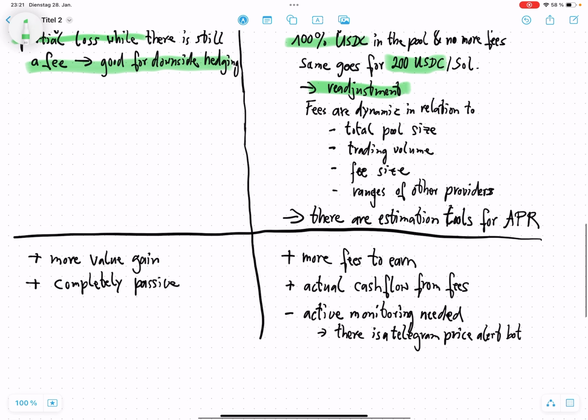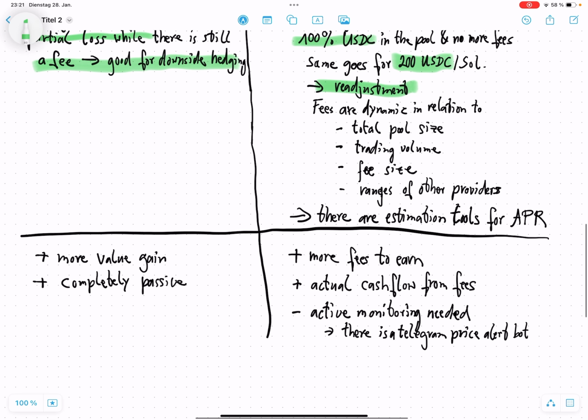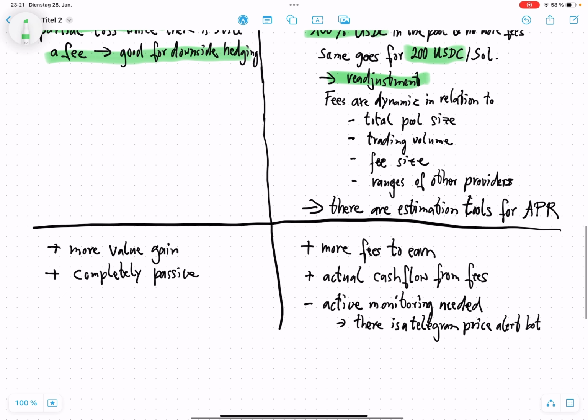And then, of course, it's the ranges of other liquidity providers. What ranges do they offer? The more narrow the range is, the more parts of the fees will be provided and distributed to these providers. If you pick a very broad range, then you will earn much less fees, of course, than if you would pick a more narrow range.